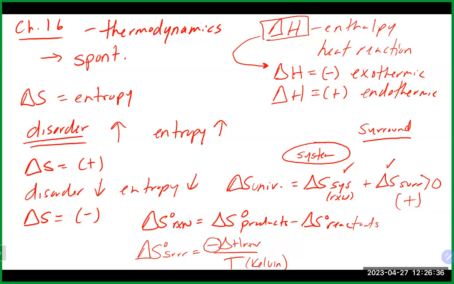As we talked about as well, we do want to always watch our units, especially when delta H and delta S get involved with each other in equations. Delta S is usually in joules, and delta H is usually in kilojoules.